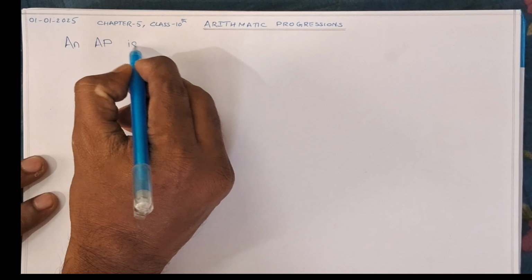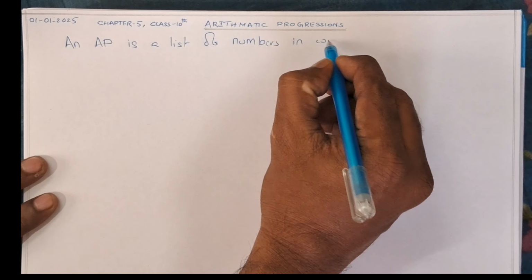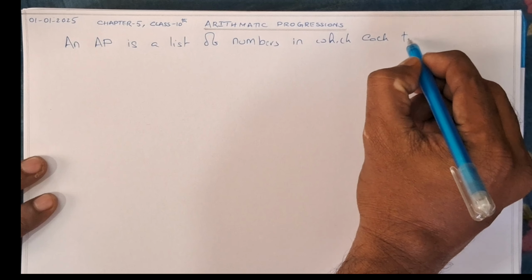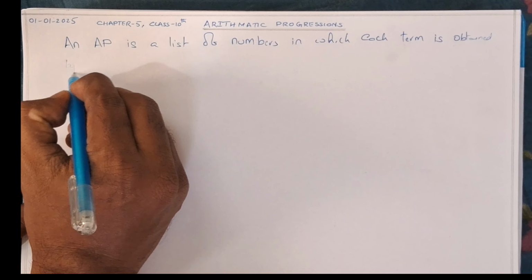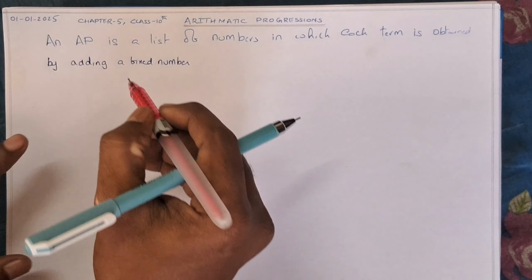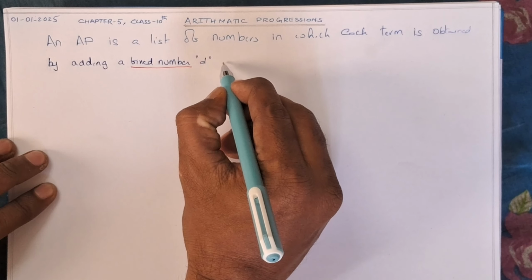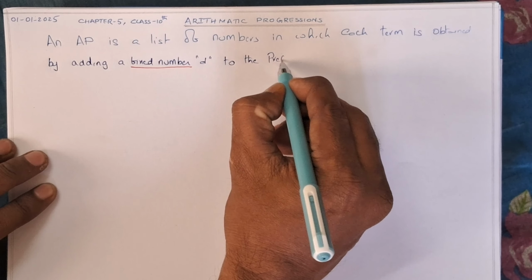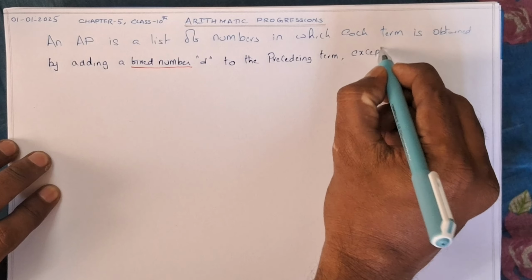An arithmetic progression is a list of numbers in which each term, I will explain what is meant by term, is obtained by adding a fixed number d to the preceding term, except the first term.